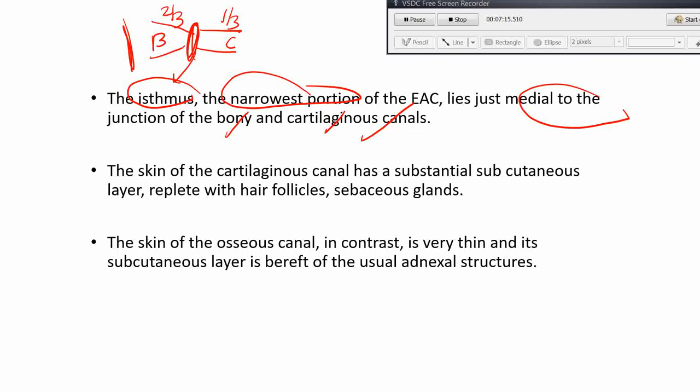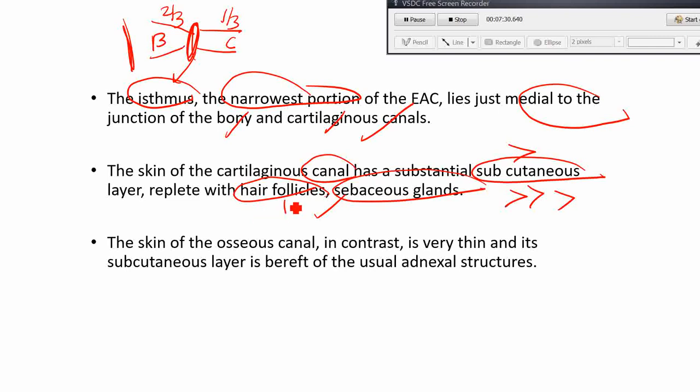The skin of the canal has a subcutaneous layer replete with hair follicles and sebaceous glands. Replete means a lot of things are there: number one, hair follicles, and number two, sebaceous glands. The EAC, especially the cartilaginous part, has hair follicles and sebaceous glands.